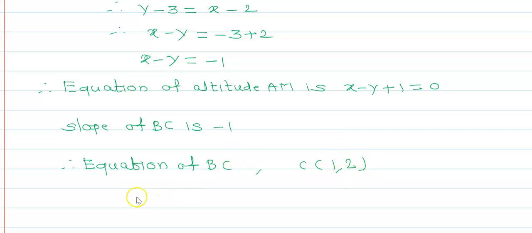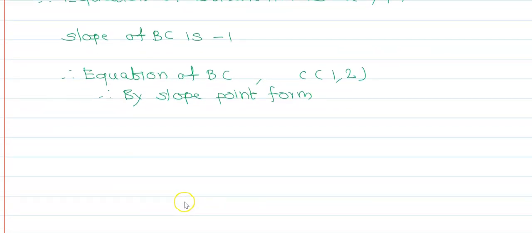Slope is minus 1, therefore by slope point form, y minus y1 is equal to m times (x minus x1).